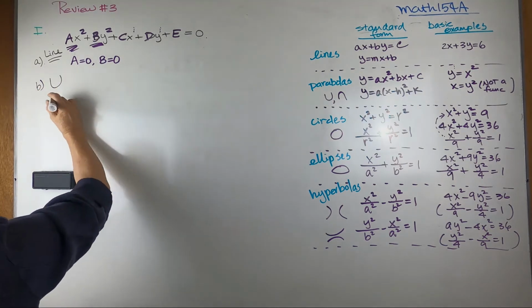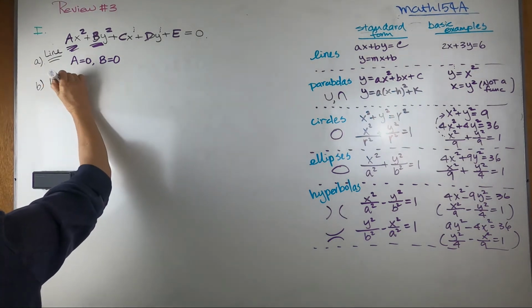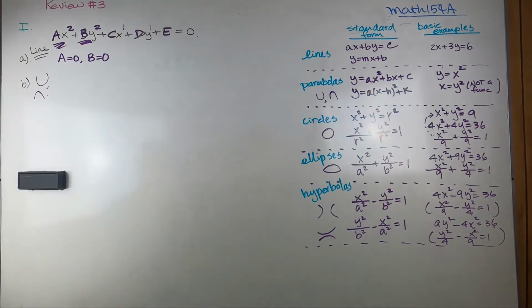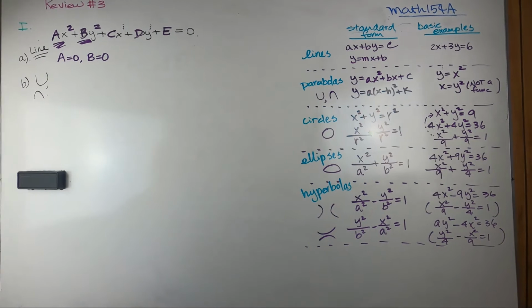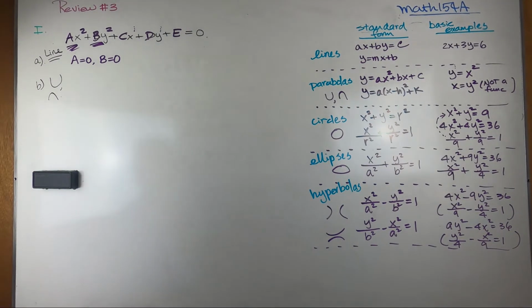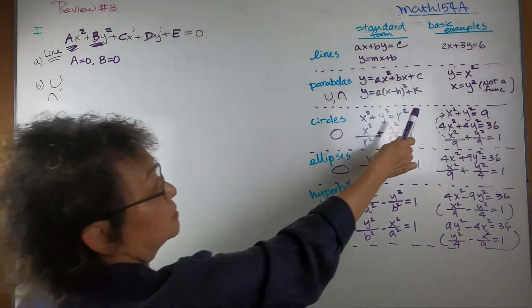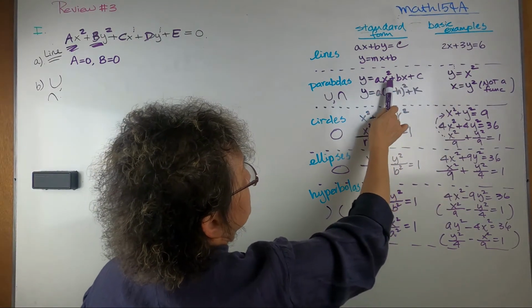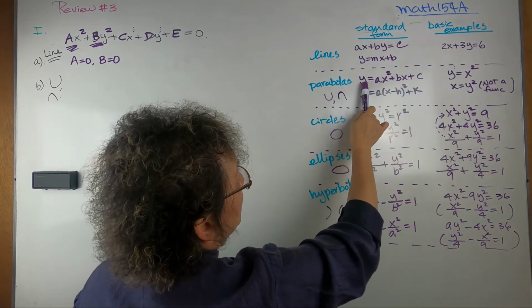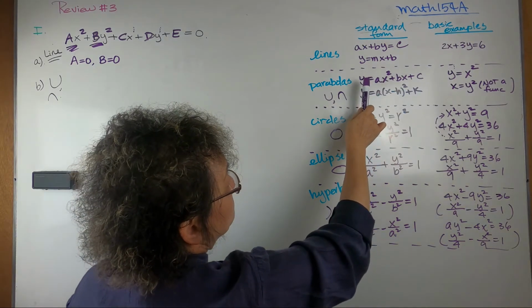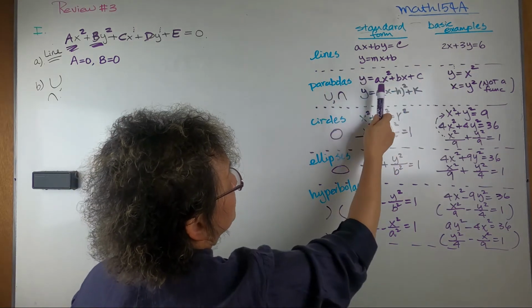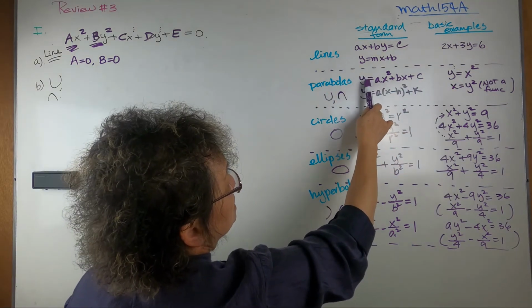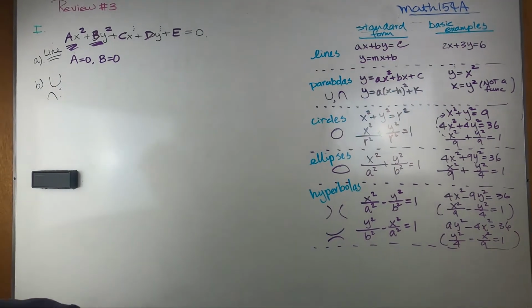Then for a parabola, doesn't matter if it opens up or down, right? So let's see what will happen to A and B. Parabolas for a function, y equals x squared, like this. X has to be squared, y has to be just what? One power, right? So you move everything to the left-hand side, then there is no y squared.